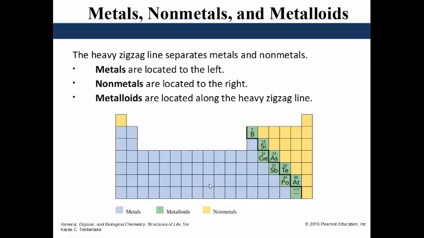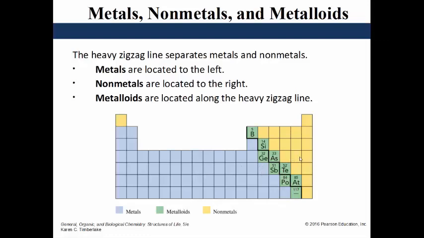Alright, when you see the periodic table, it's often color coordinated based on elements and their characteristics. A common way to represent that is with metals and nonmetals. So for this example here, you'll see a very thick jagged line that goes down like a stairwell. Everything that's on the left-hand side of this, in this light blue color, are metals.